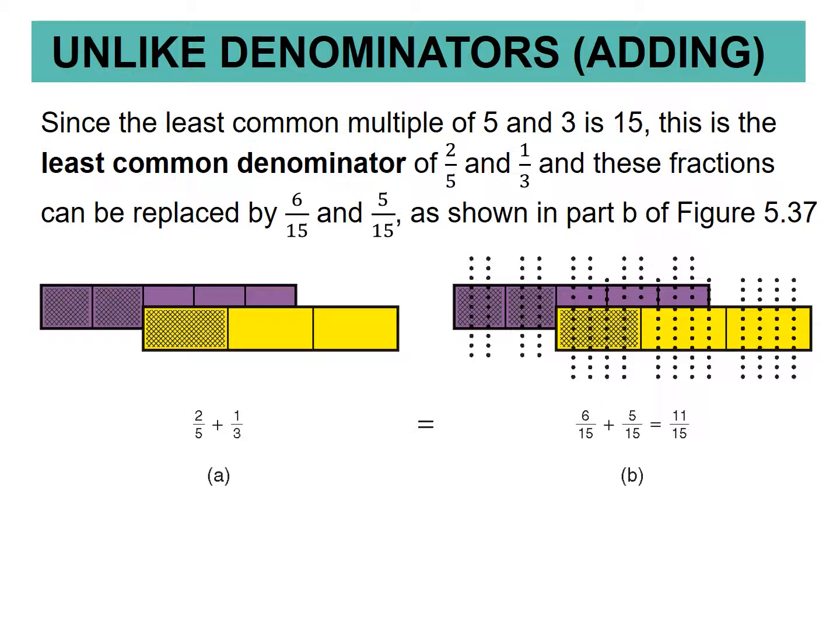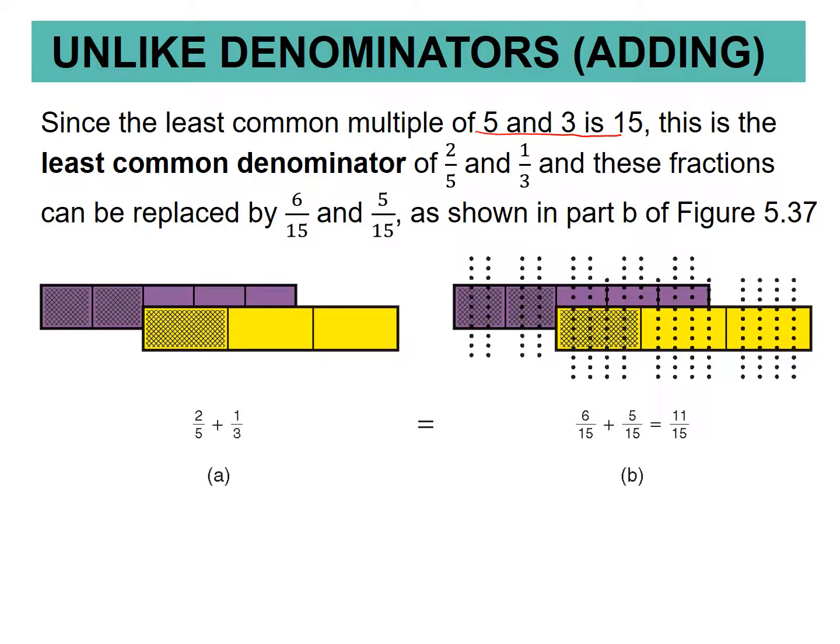So we learned when we found least common multiples that we can take different lengths and put them together so we can find the least common multiple between two numbers. Well, for 5 and 3, that least common multiple is 15.